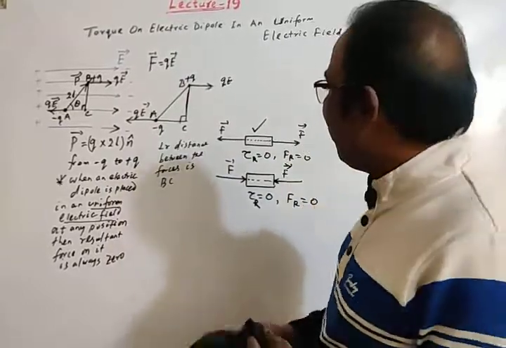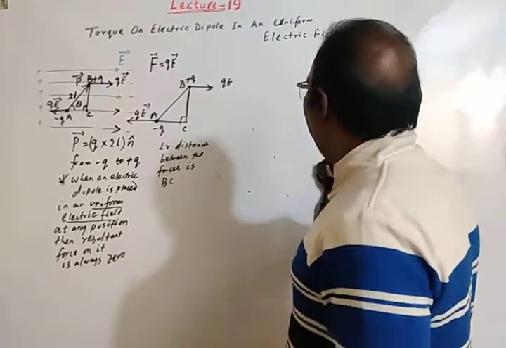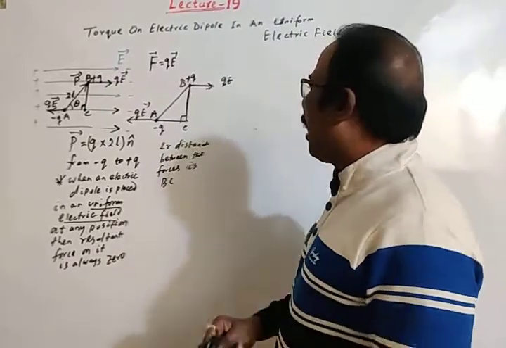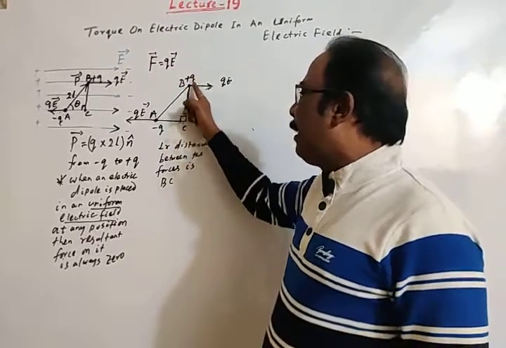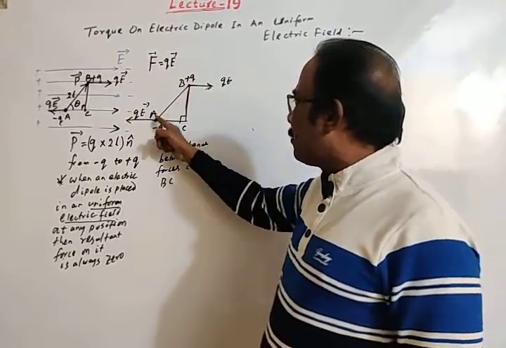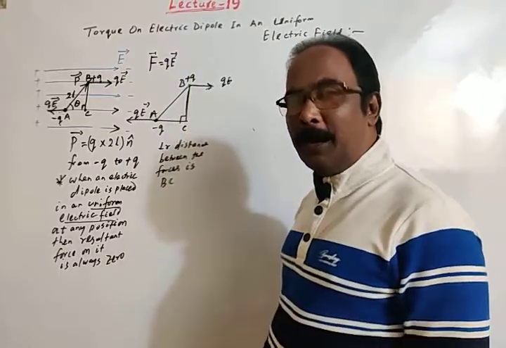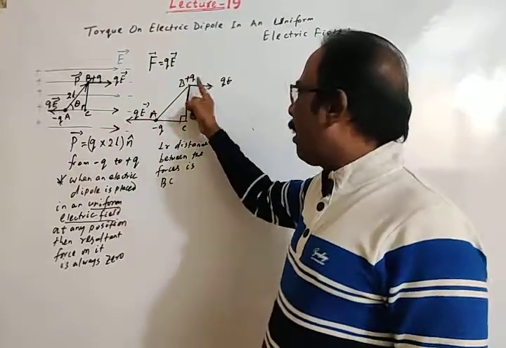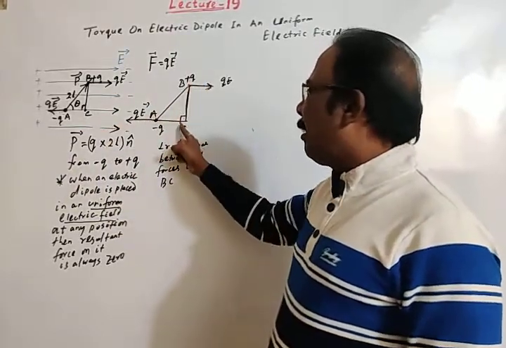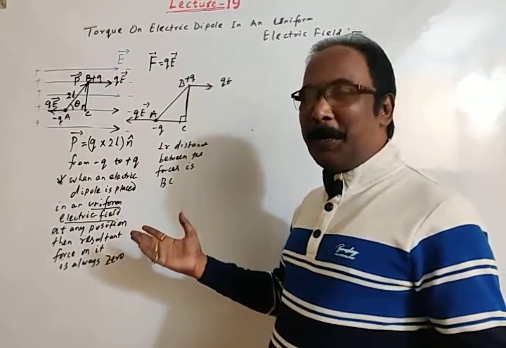Okay, I am erasing this, because if two equal and opposite forces act on a body separated by a distance, this is the perpendicular distance and this is the distance. AB is the distance but BC is the perpendicular distance. If two equal and opposite forces act on a body separated by a distance, then it constitutes a couple.